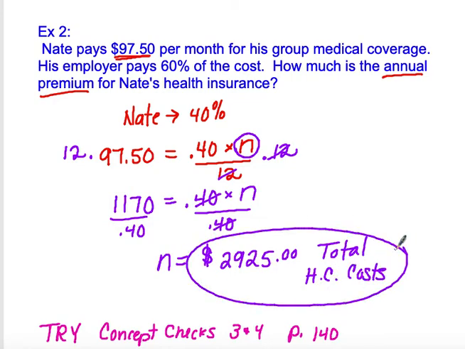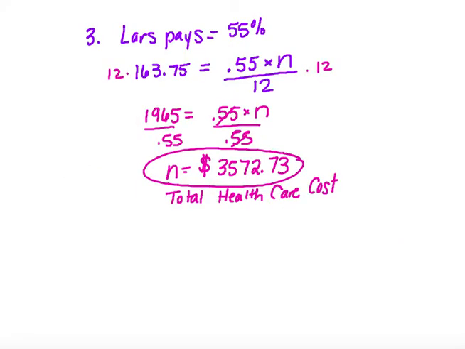Okay, now like we've done before, go ahead and pause the video, and on page 140, I want you to try the concept checks number 3 and 4. When you're ready, hit play, and I will show you my solutions. So for number 3, Lars pays 55% of his health care, and it's per 12 pays.